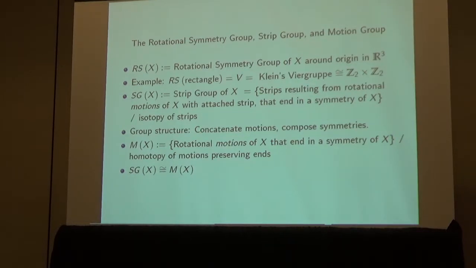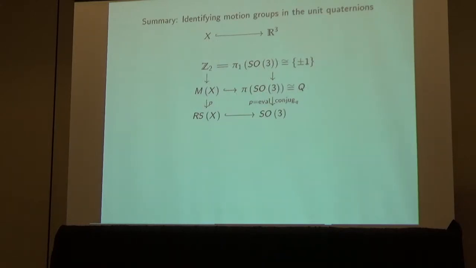So now I'd like to go on and share with you, first of all, a little bit of general homotopy theoretic stuff that I won't go into details of, but what's going on here is that the rotational symmetries of any object are sitting inside SO3, the isometries of 3 space, and over that we have the unit quaternions.